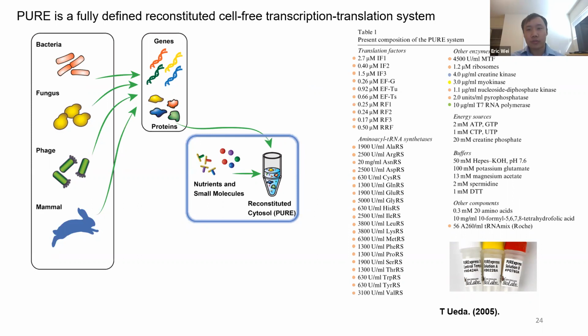So the PURE system, again, it's fully defined, and what I've listed here is color coded. For example, the orange is using E. coli enzymes and parts, but it also takes, for example, myokinase from yeast, the T7 RNA polymerase, and creatine kinase from rabbit.